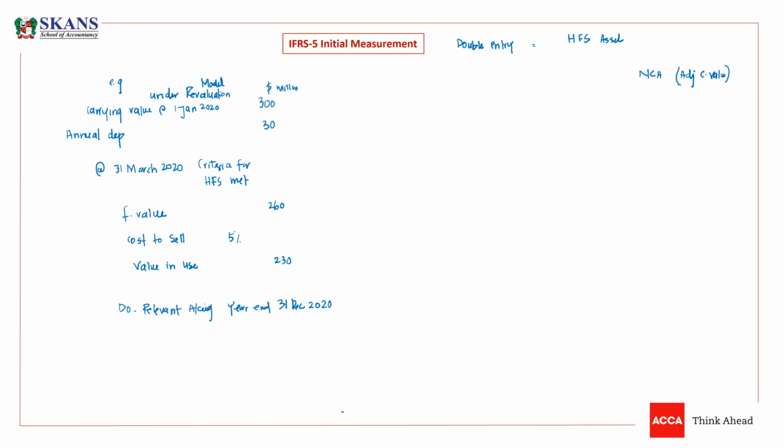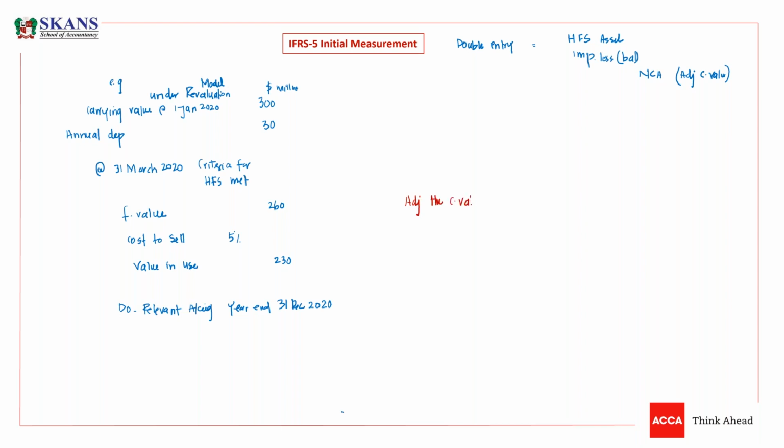Now, asset held for sale asset, then we need to credit adjusted carrying value. And if there is any balancing amount, that balancing amount will be impairment loss. This will be a balancing amount. Okay. Now what to do, guys? First, you need to adjust the carrying value as per relevant standard, as per previous standard. So the first step should be adjust the carrying value as per previous standard.